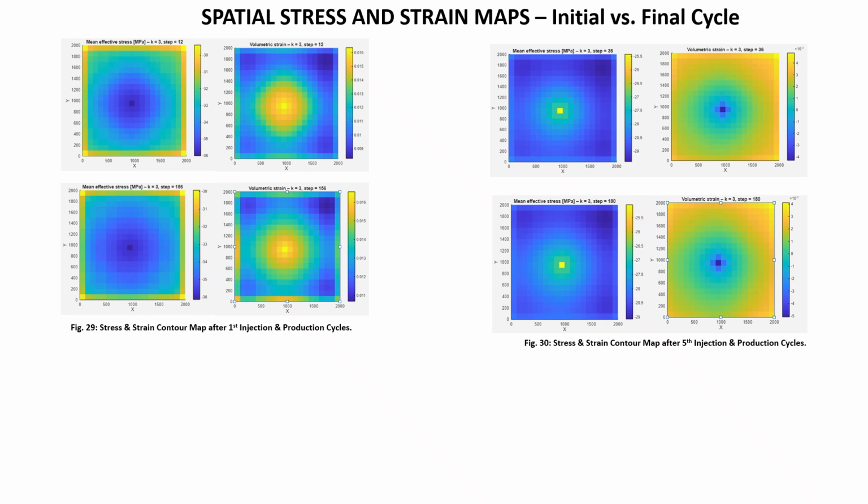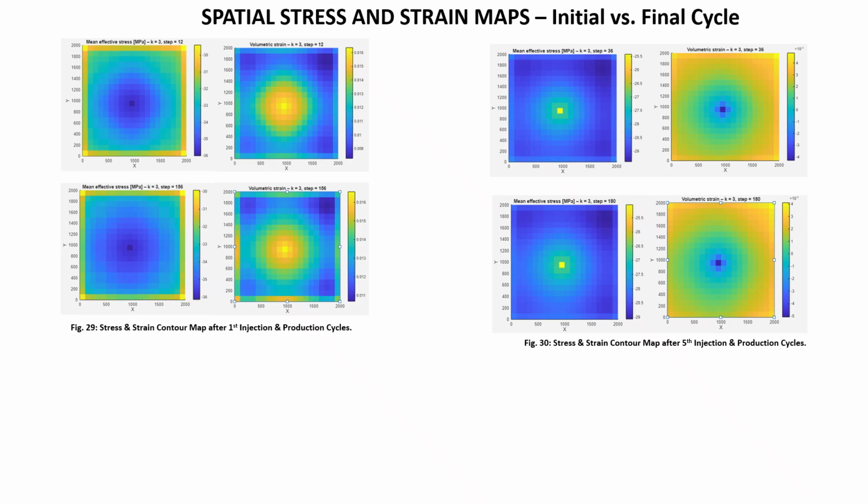For the volumetric strain, likewise the dilation around the well remains stable across the cycles in both the first and the last cycle. But here the volumetric strain peaks from 0.15 to about 0.16.